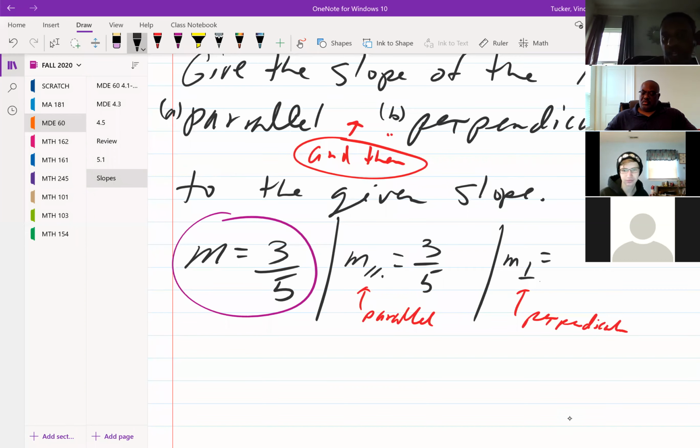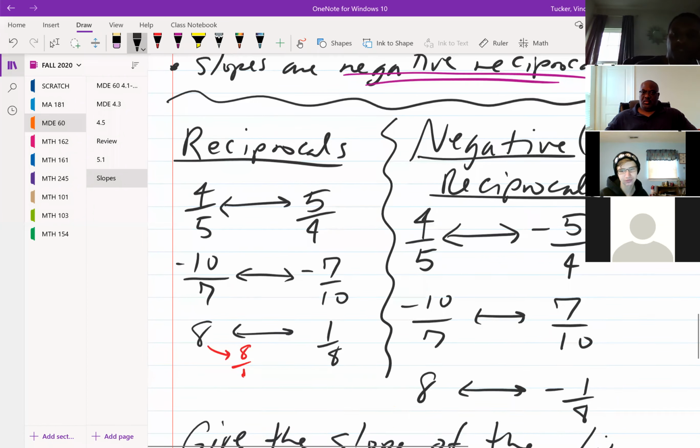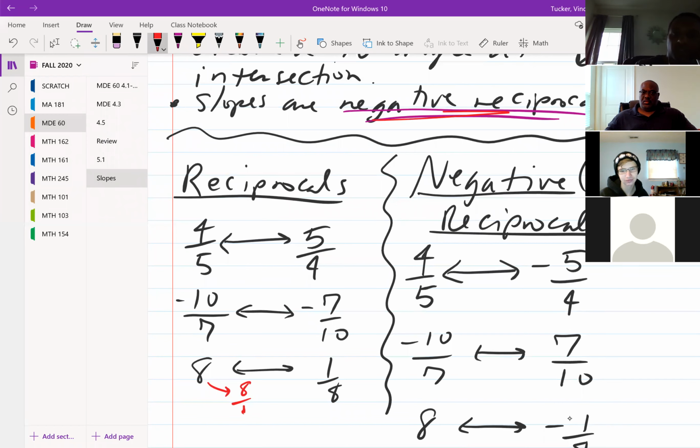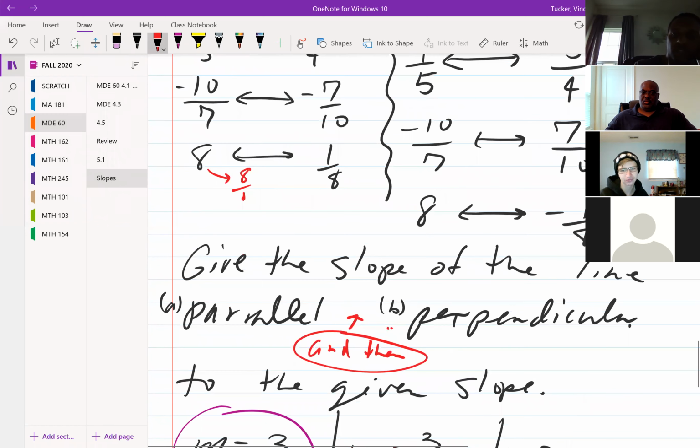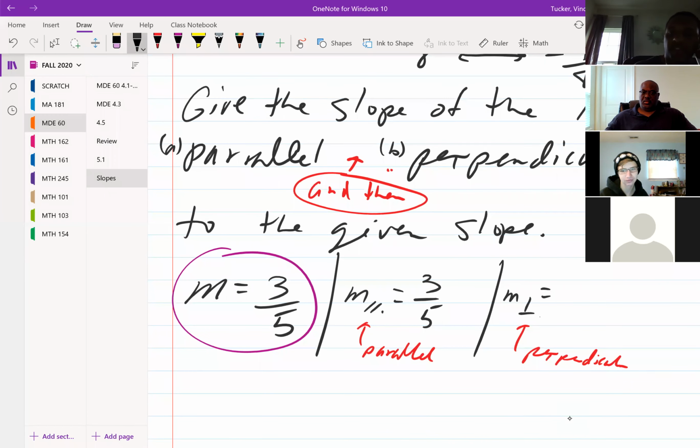Parallel lines have the same slope. Now, if I want the slope of the line that's perpendicular to 3/5, remember, it has to be negative reciprocals. That means I would flip the fraction and use the opposite sign.